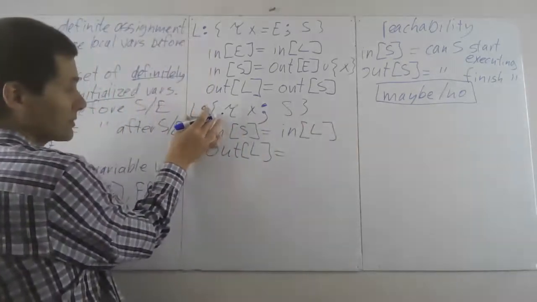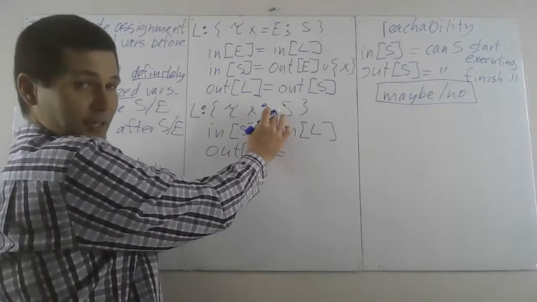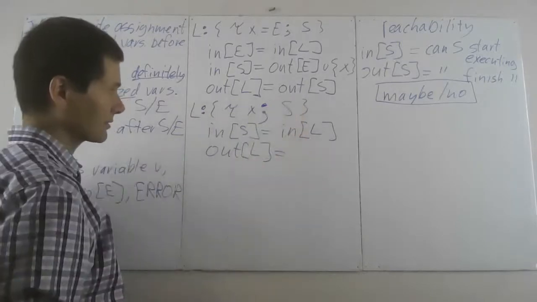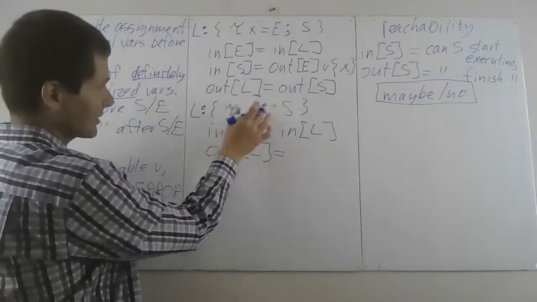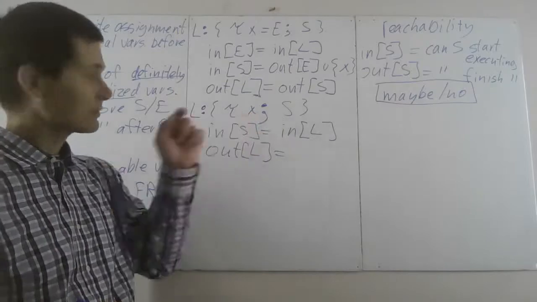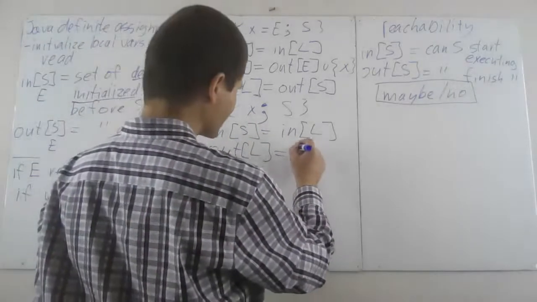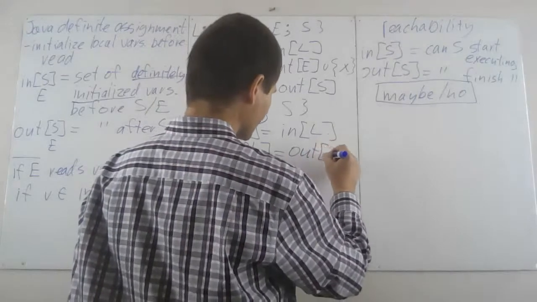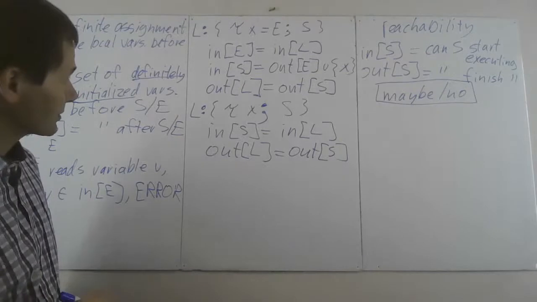So whatever variables were initialized when the block started, those are the variables that are initialized when I go into the body of the block. The declaration of the variable didn't initialize any variables, right? So nothing changes here. And out of L is just out of S. So in that sense, this kind of block is really boring.